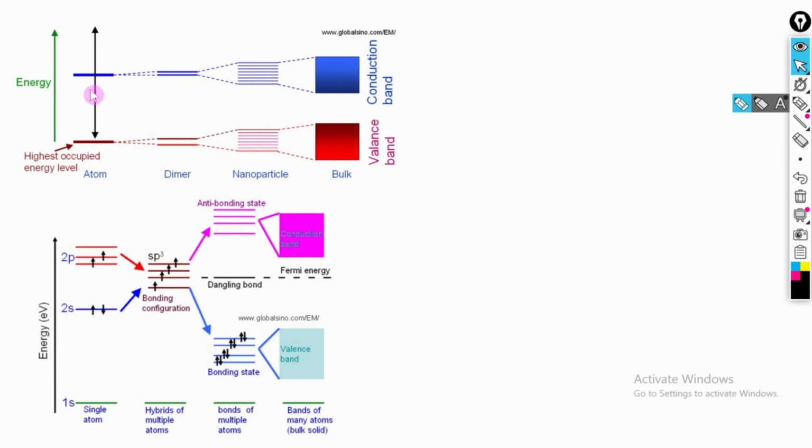As we had discussed here, if we combine two atoms, their energy levels will become split. So here if we combine a large number of silicon atoms, each energy state will be split. Okay, so here this energy state and this energy state will be split.